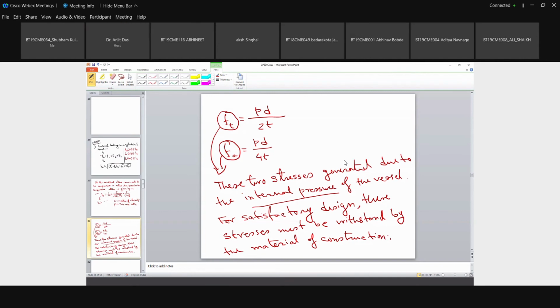So for each material, suppose low carbon steel, copper, zinc, or any other alloy, there are different values of the tensile stress or the compressive stress. This tensile or compressive stress of the material must be greater than or equal to these two generated stresses.